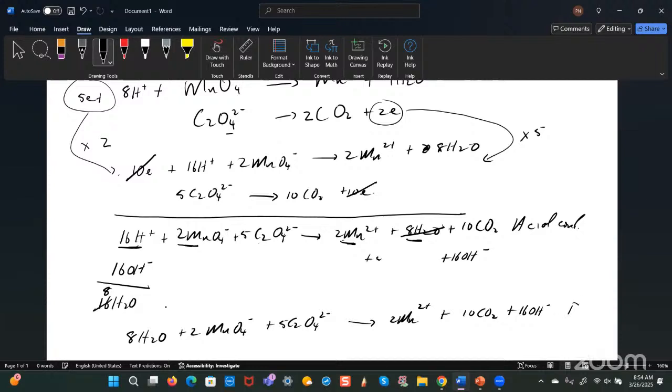And this would be the equation for the reaction under basic conditions. All right? Okay, any questions about this? Any questions?